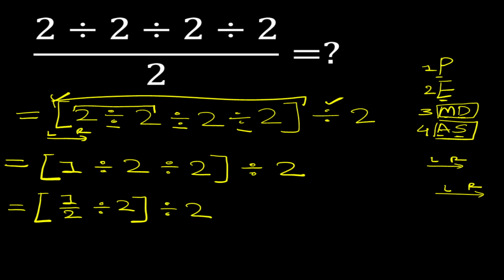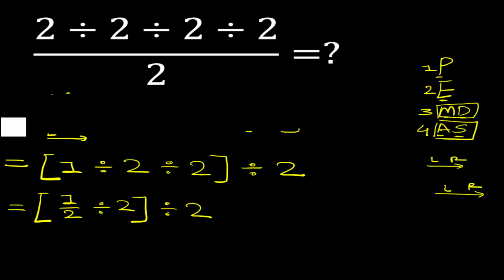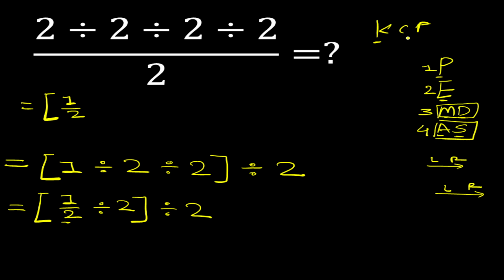Now according to the KCF rule, K means keep this first fraction as it is, so 1 upon 2 as it is. C means change this sign from division to multiplication, and F means flip the second fraction, 2 is equal to 1 upon 2, right? And it's all divided by 2.